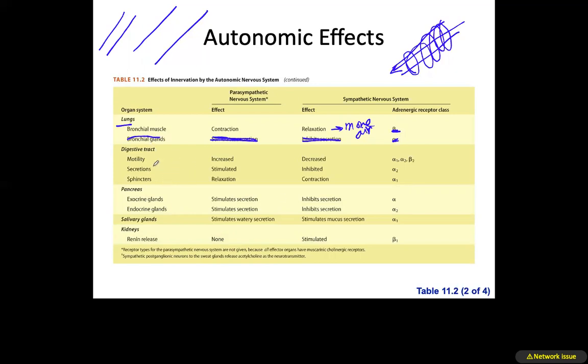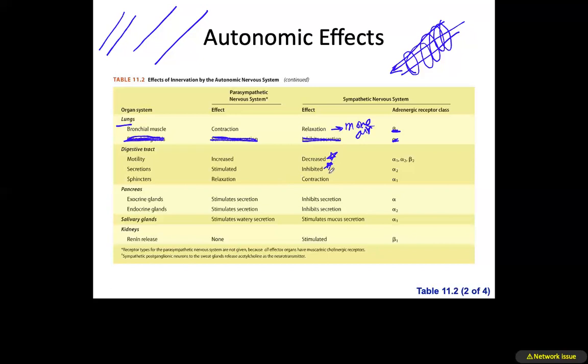Digestive tract. This is a common one. If you're looking at the motility of the digestive system, basically you're trying to digest your food and move it along the alimentary canal. So when you're dealing with the sympathetic nervous system, your goal is not to digest your food, so the motility decreases, which makes sense. Secretion of the glands, including pancreas, and lubricating fluid and mucus within the digestive system, is inhibited.